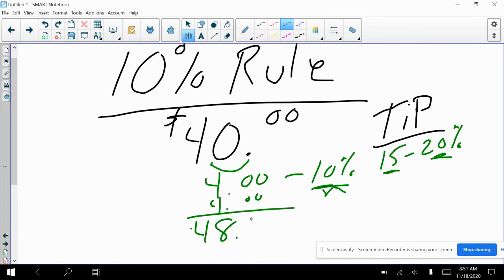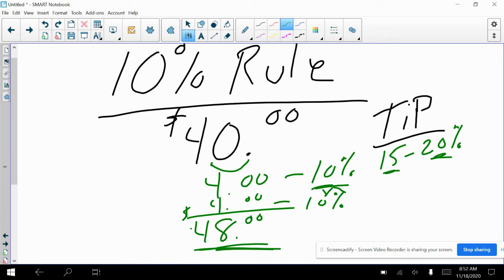So what I'm leaving is $48. So your bill comes and it's $40, but yet you're actually going to be leaving $48, as 8 of that is a tip for the person that took care of you while you were there.